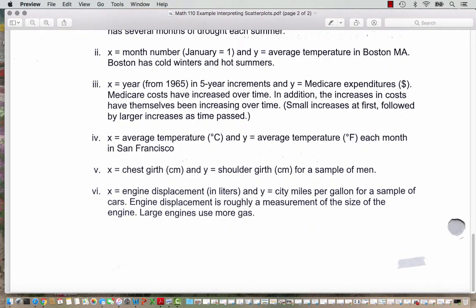Scenario 6, x is the engine displacement in liters, so that's the size of the engine, and y is the city miles per gallon for a sample of cars. And then we're told engine displacement is roughly a measurement of the size of the engine. Larger engines use more gas.